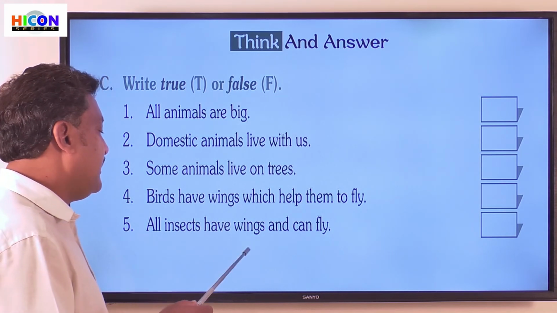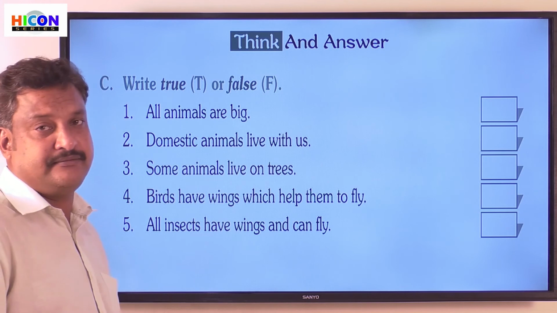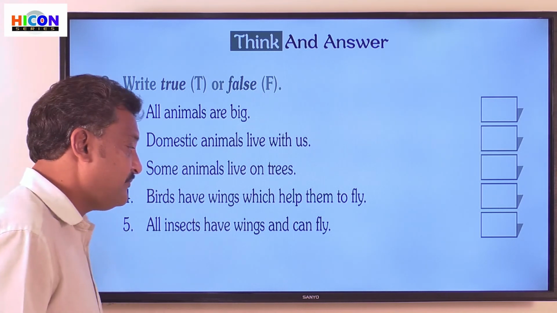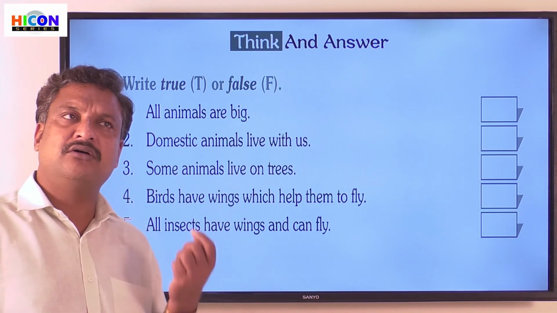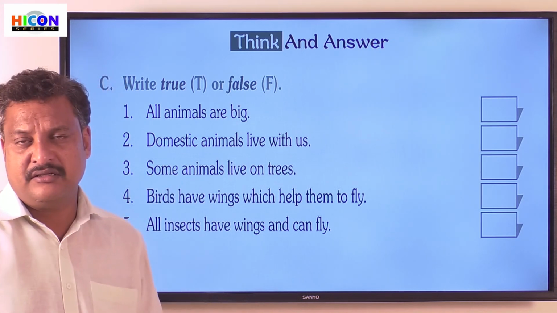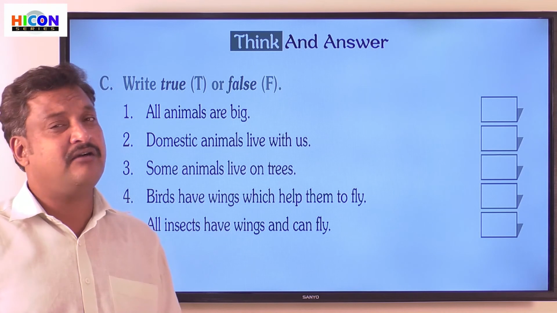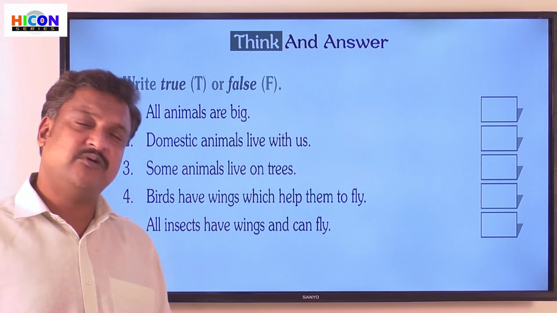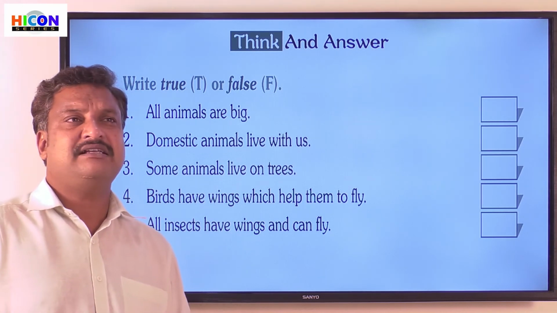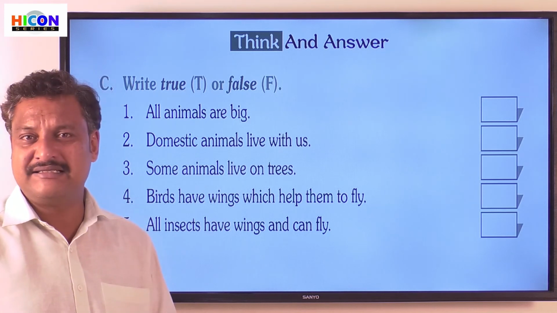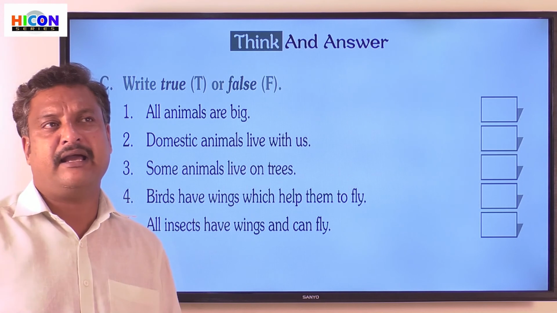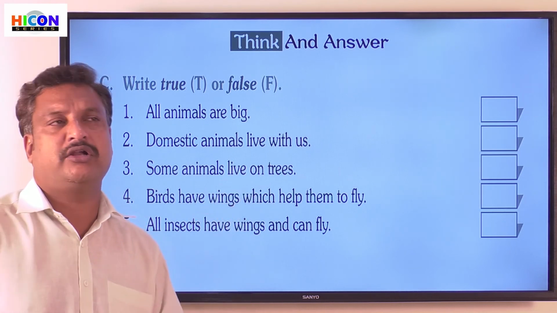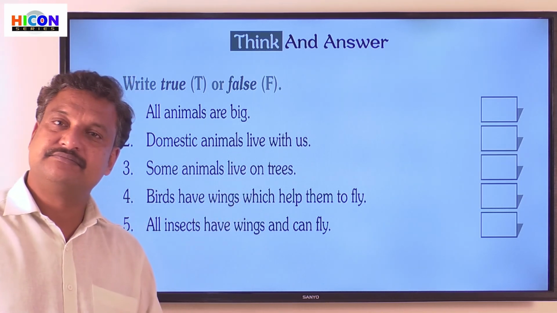All insects can have wings and can fly is a fifth sentence. We have seen that insects are very small animals, and some of them have wings, isn't it? Some of them can fly. For example, ant is an insect. Can an ant fly? Or spiders are there.